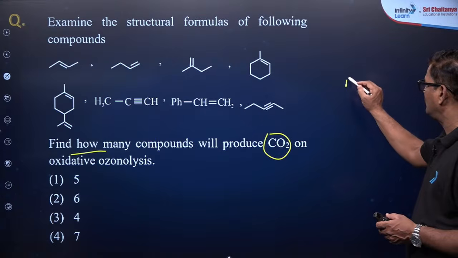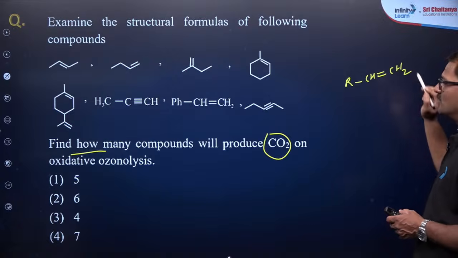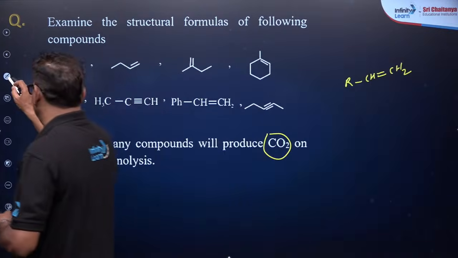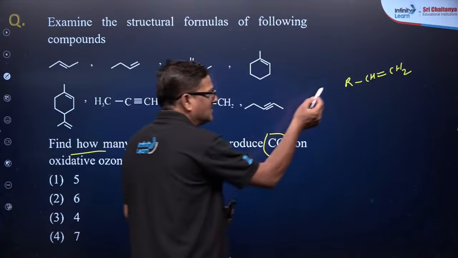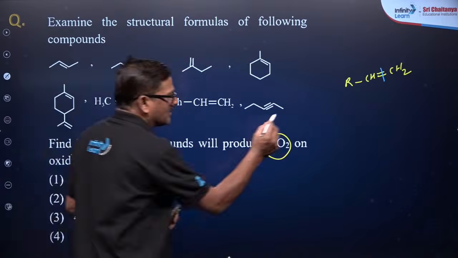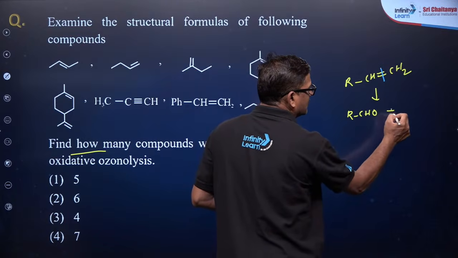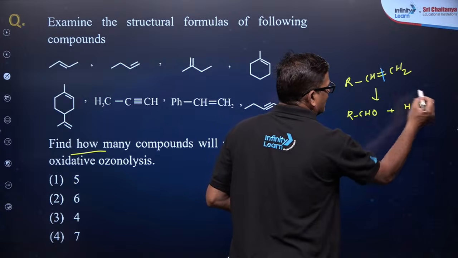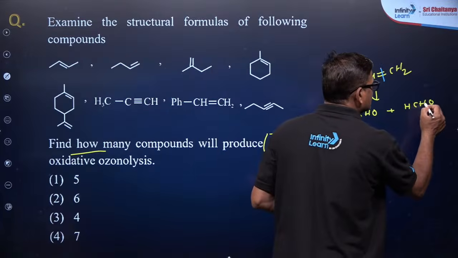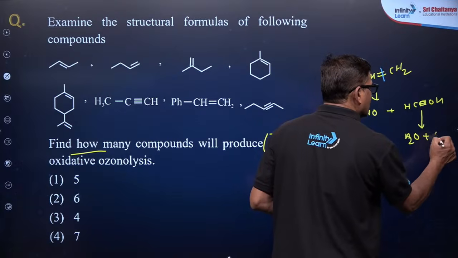Dear children, if you see CH double bond CH2, whenever CH2 is present at the end of the carbon compound, you are going to break this and you will be having RCHO on ozonolysis plus HCHO will be formed. Sorry, HCOOH will be formed, and further on oxidation gives rise to H2O plus carbon dioxide.